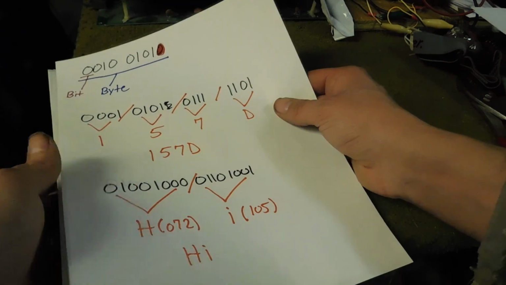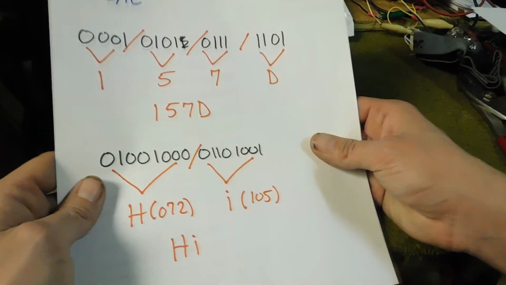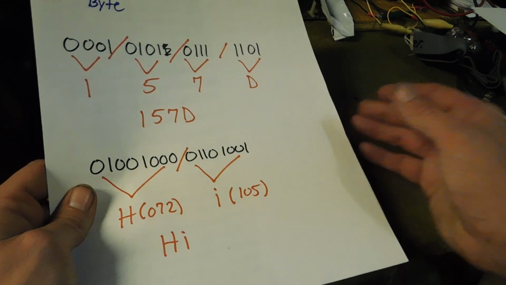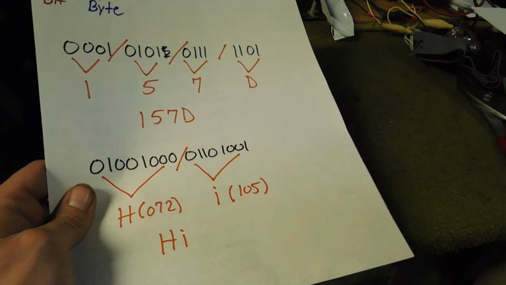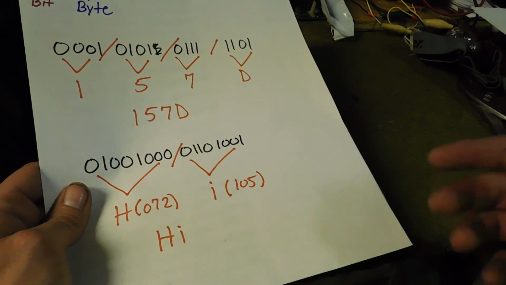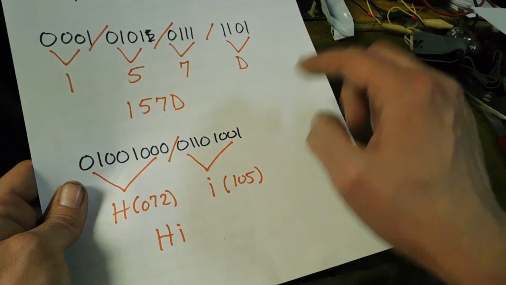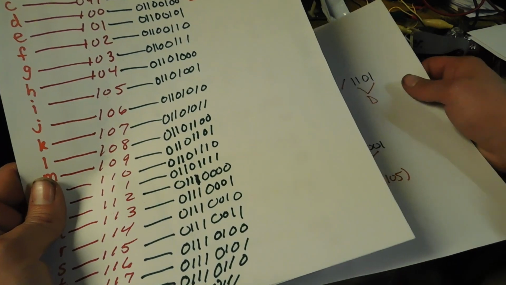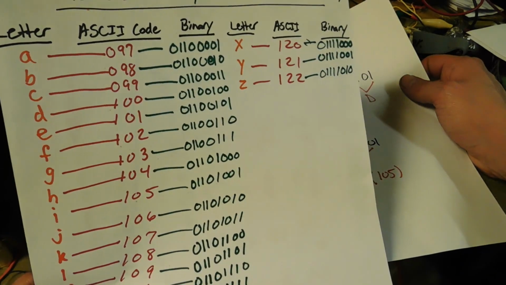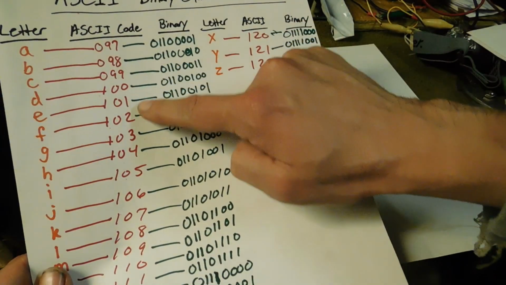So if you're trying to convert your binary codes to ASCII language, remember, you have to use 8 bits. Then you just take these bits and you compare them to your ASCII binary character table and find your code number.